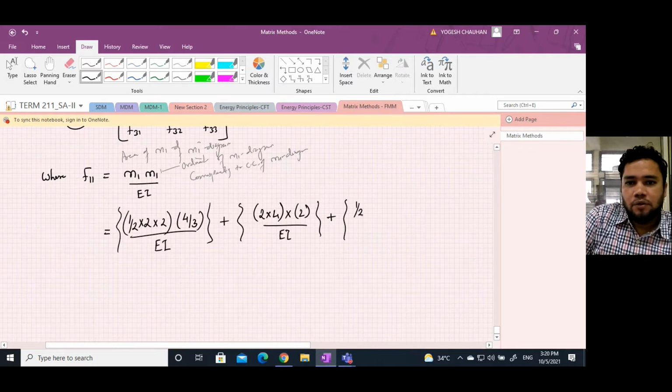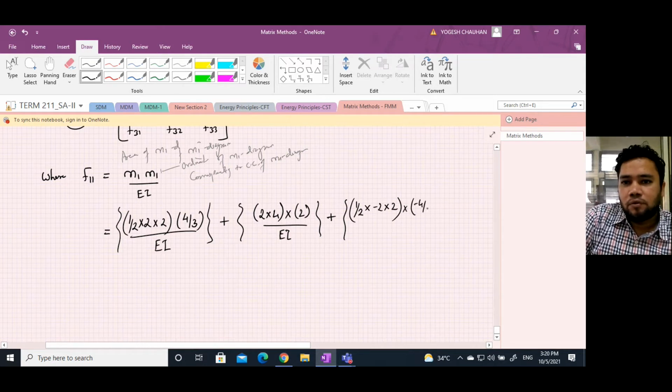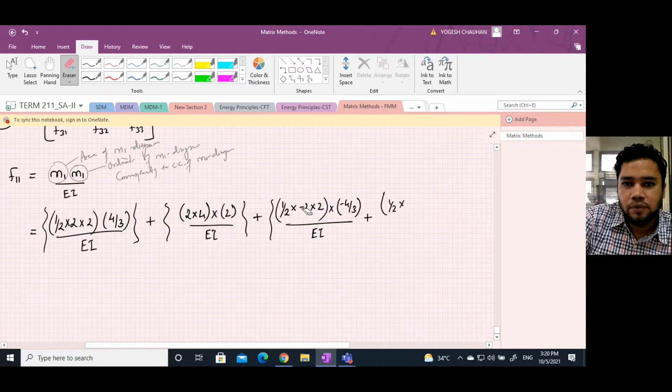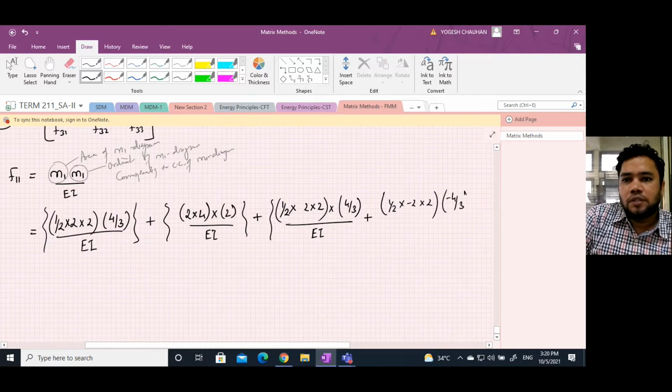So it will be 1 by 2, base is minus 2 into 2, the first part, multiplied by coordinate minus 4 by 3 divided by EI plus 1 by 2 into plus 2. Actually this is plus, so take this as plus. First part is positive, second part is negative, minus 2 into 2 into minus 4 by 3 divided by EI.